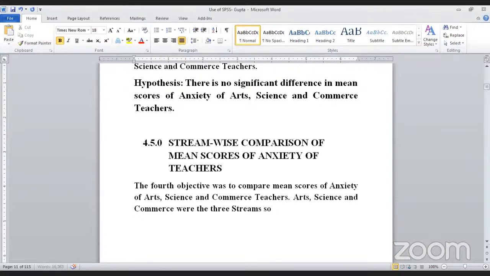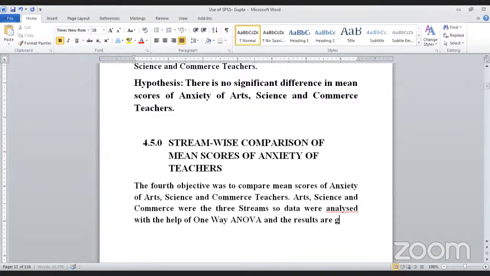So data were analyzed with the help of one-way ANOVA and the results are given in table 4.5.